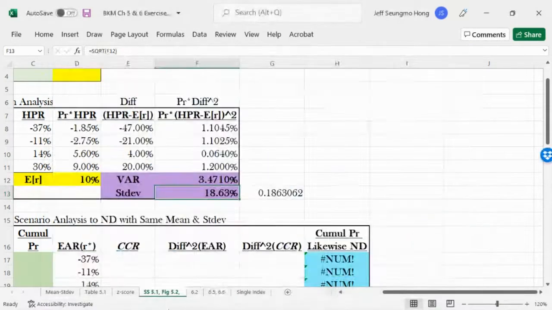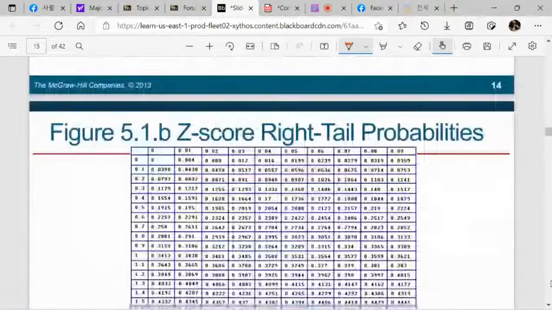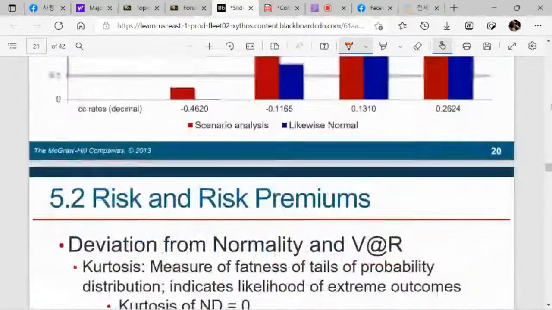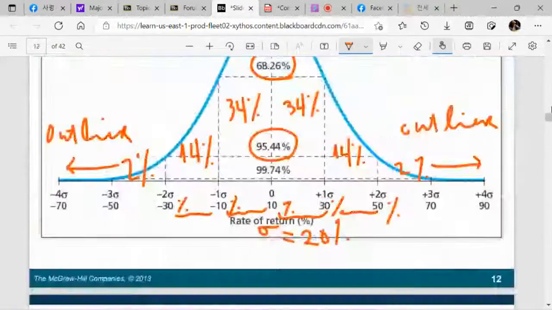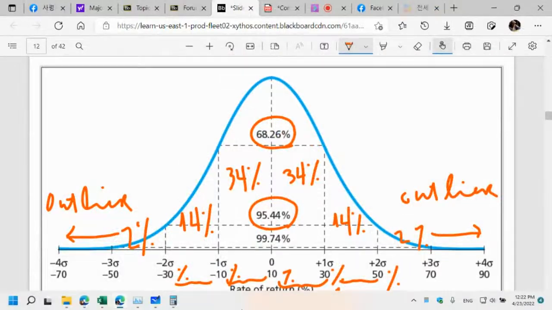The result must show a symmetrical distribution like this.